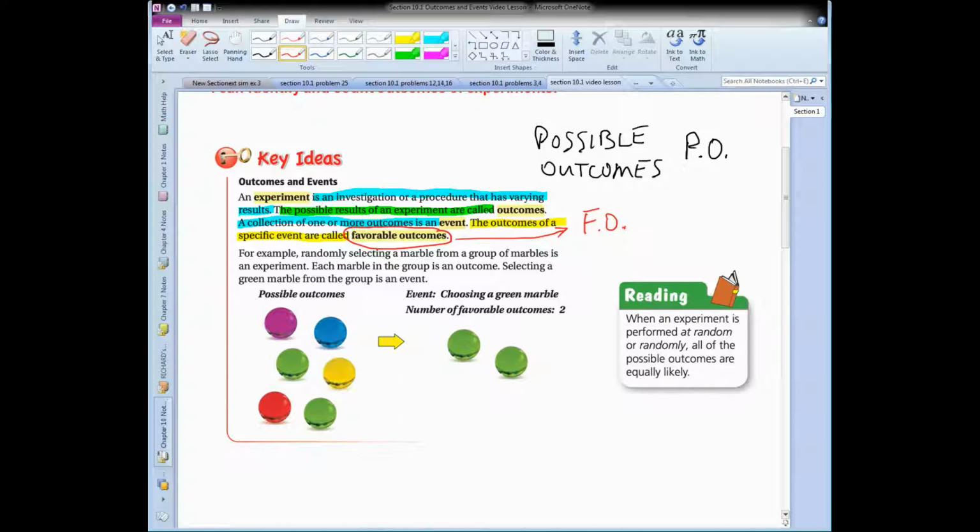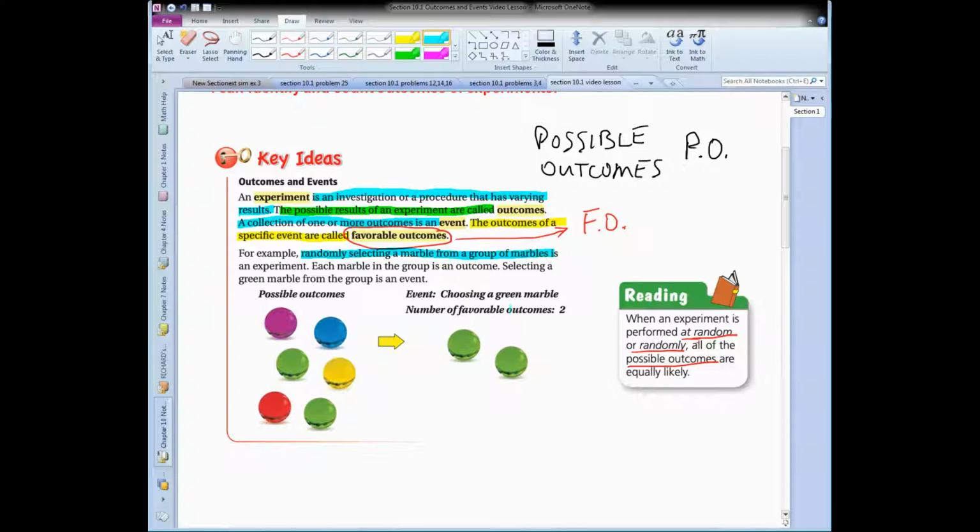Now here's an example. When we do experiments and it's performed at random, when we randomly choose things, all of the possible outcomes are equally likely to happen. Let's look at this example here. We're randomly selecting a marble from a group of marbles.